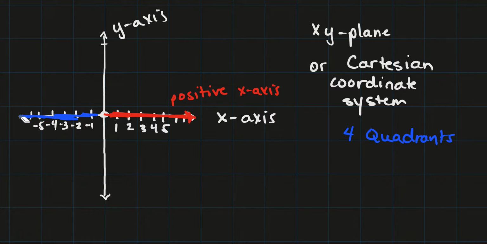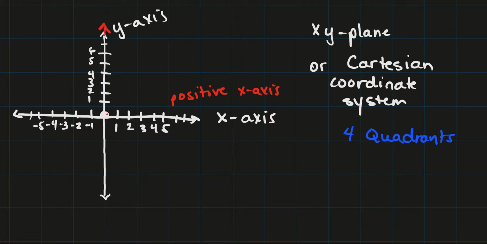We can also do this with the y-axis. So we can talk about the positive and the negative y-axis. Let me fix this a little bit. Okay. So I'm going to draw some tick marks here. 1, 2, 3, 4, 5, 6.